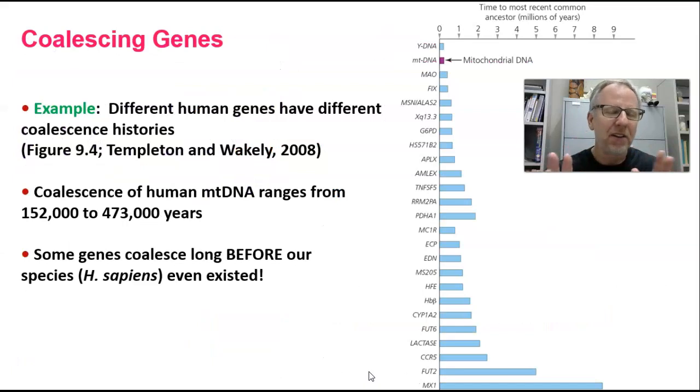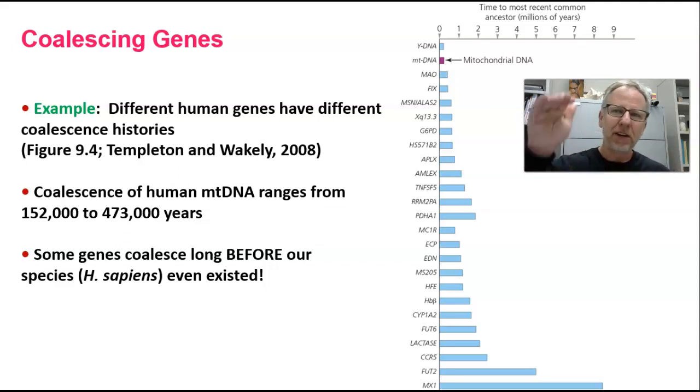So to expand on this idea that I ended with on the last slide, that with so many genes and so many alleles existing in a population, there are an astronomical number of different allele and gene histories. So here we have an example from humans, looking at a sample of different human genes.